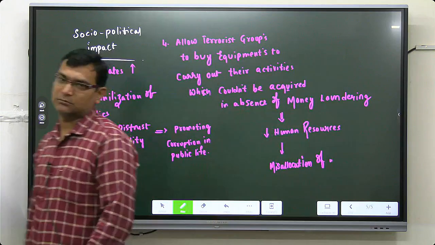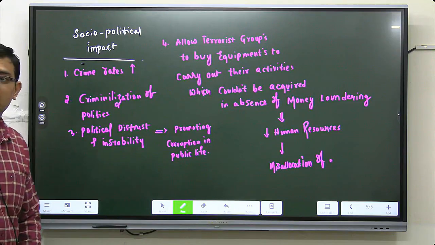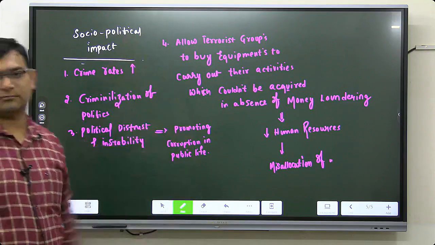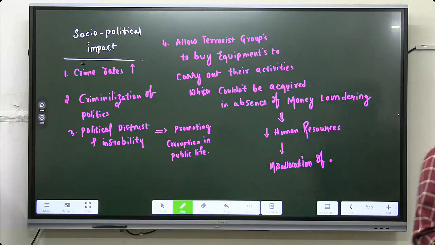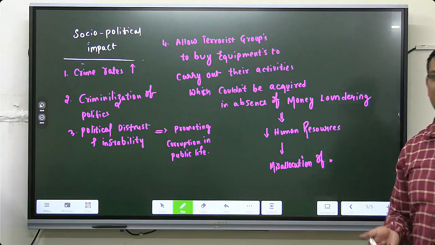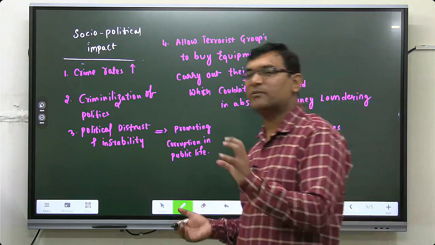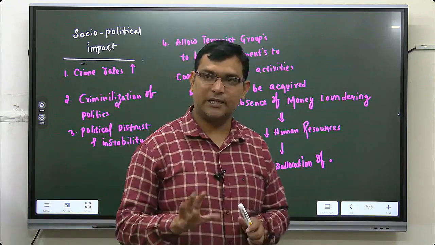Whatever the resources, then there will be scarcity of resources. People will fight. Yes or no? The Yemen war, Qatar, Oman, whatever Middle Eastern crisis that has taken place, it is because of this only. Syria, Palestine, all these are because of the misallocation of resources. Is it clear?